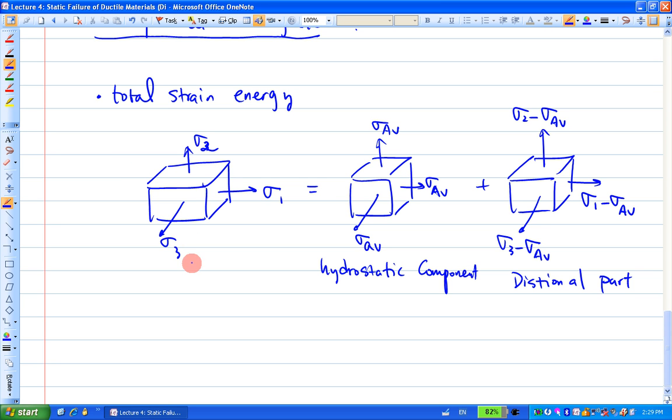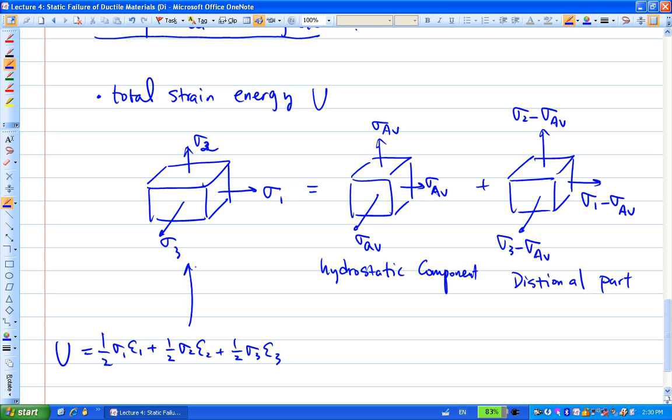When you have three principal normal stresses, the total strain energy, we'll use U to represent it, is 1/2 sigma 1 epsilon 1 plus 1/2 sigma 2 epsilon 2 plus 1/2 sigma 3 epsilon 3. So this is the total strain energy.